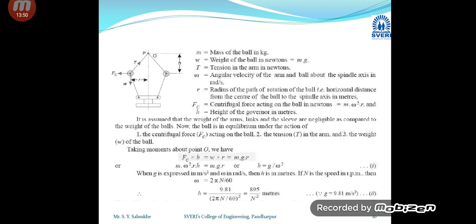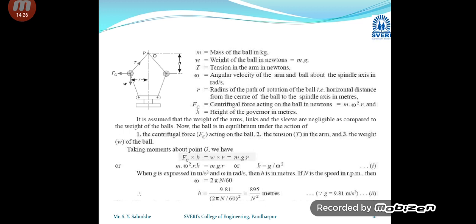Small r is the radius of the path of rotation of the ball, measured from the spindle axis to the center point of the ball. F suffix c is the centrifugal force acting on the ball in Newton, calculated as m omega square r. And finally h is the height of the governor in meters.